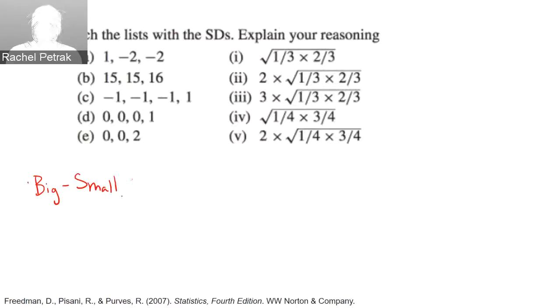Because when you do big data, it's all computational nowadays. So we have big minus small, and then they give us this fraction with the big number and the fraction with the small number.